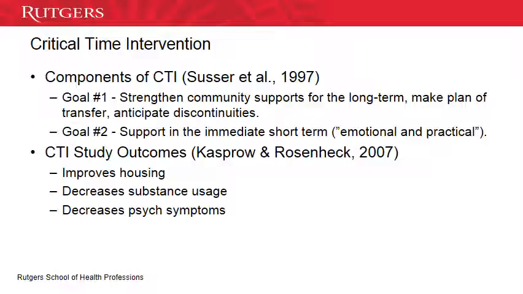The majority of outcomes and improvements were shown in the first 9 months of the intervention. In the second 9 months of the study, the groups actually did not differ very much. So that is a good overview of CTI, what the components of it are, and some of the outcomes related to the number of homeless nights spent.